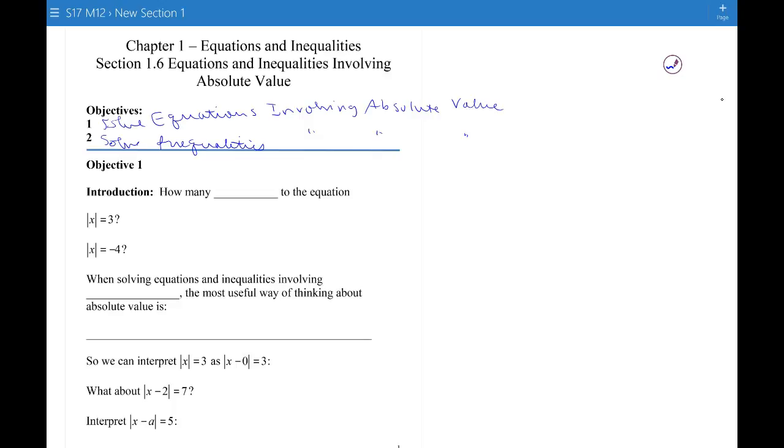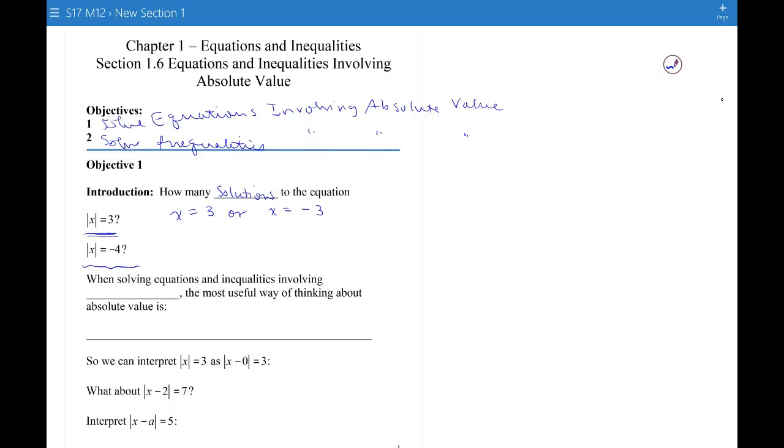So I want to introduce the topic by asking you, how many solutions are there to the equation absolute value of x equals 3? So think about it, and I think you'll agree that I get two solutions, either x equals 3 or x equals -3. So two solutions. But now think about this next equation.